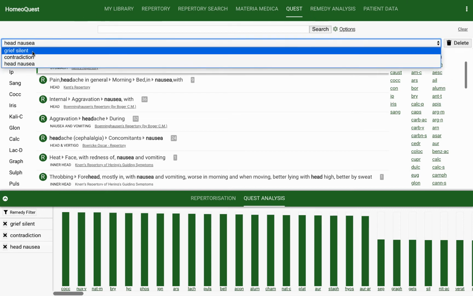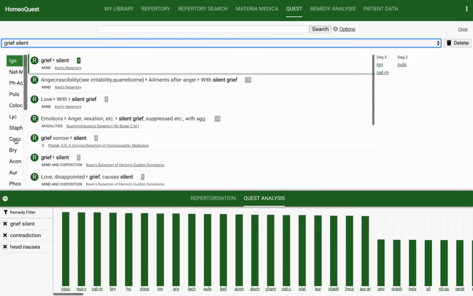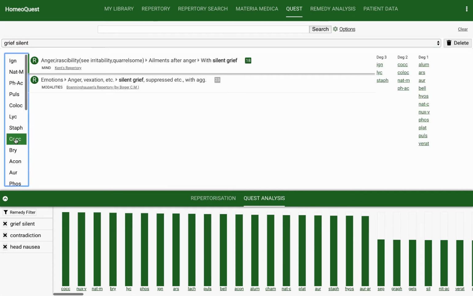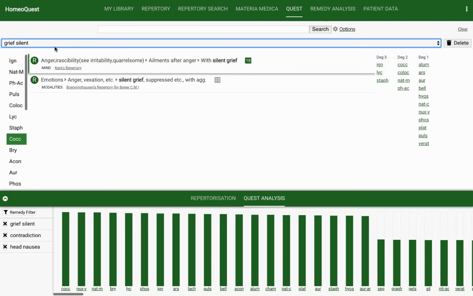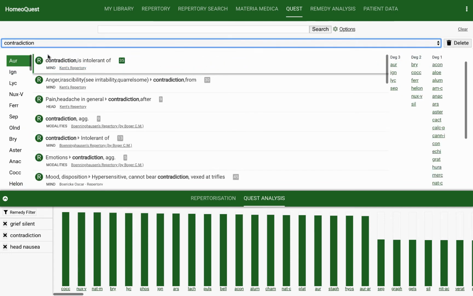So if I look at silent grief, where is Cocculus? That's here. And it has silent grief. Bönninghausen gives it for emotions with silent grief, aggravation. There you go. So that's Cocculus coming up here. What else? In contradiction, look at that.